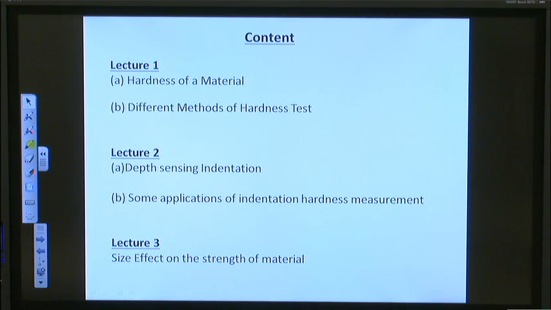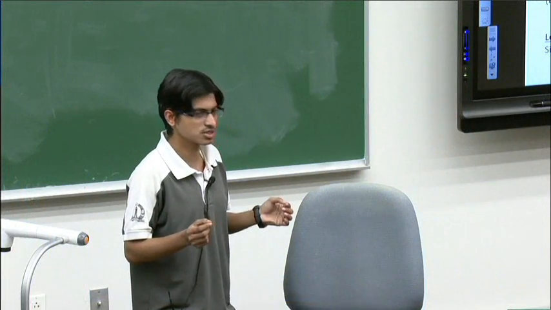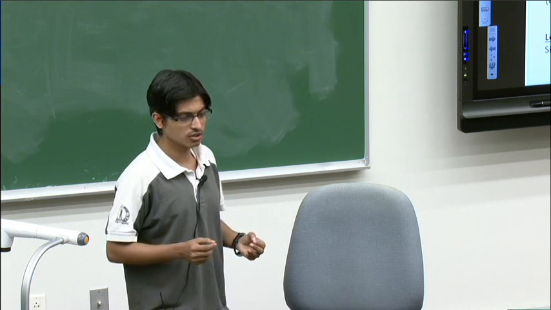In lecture 3, I will talk about a more advanced concept called size effect on the strength of a material. It means if I change the size of a test specimen from macro size towards micro, and further reduce that size to nano size, then how the strength of the material will vary.